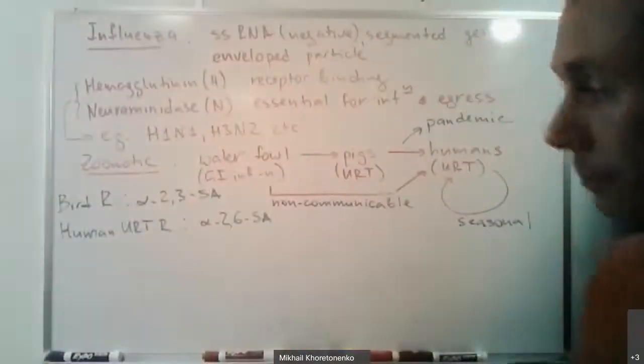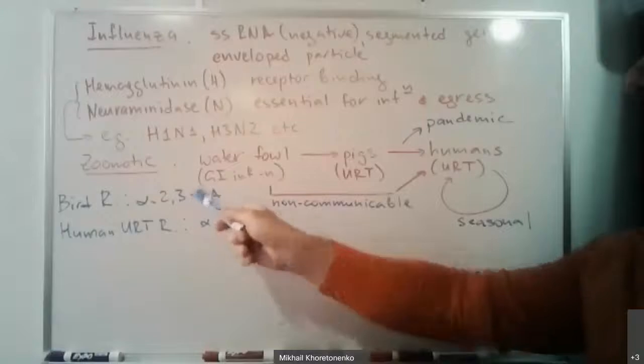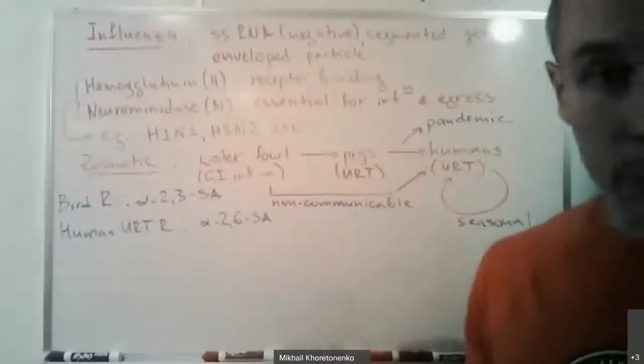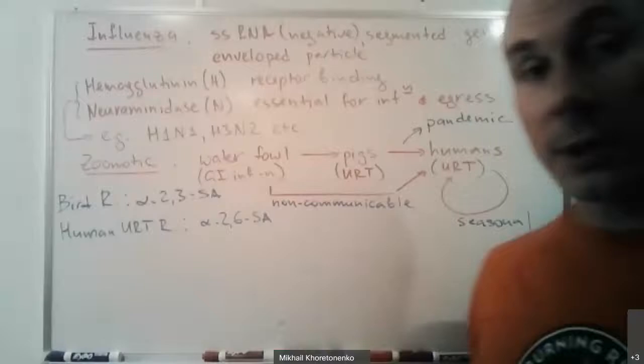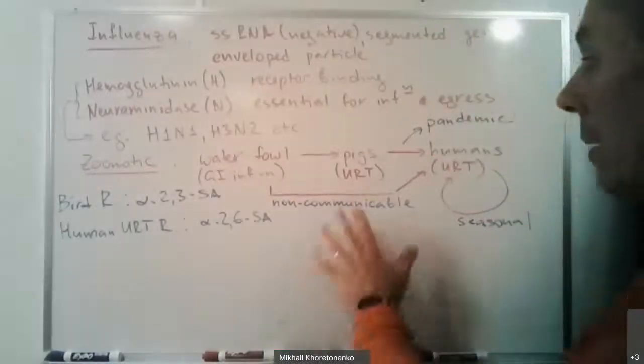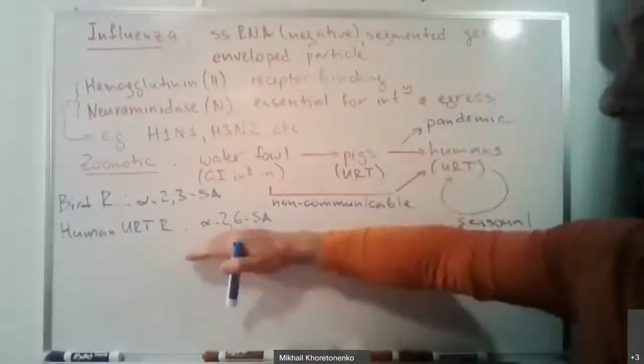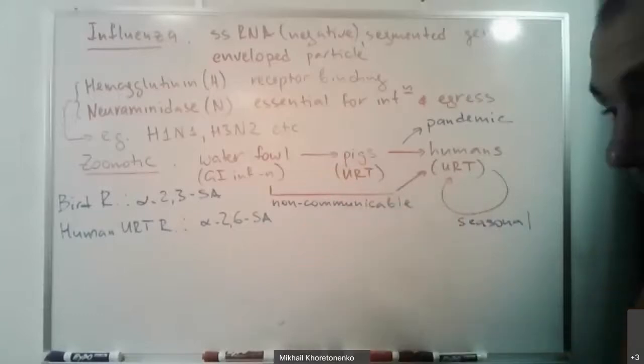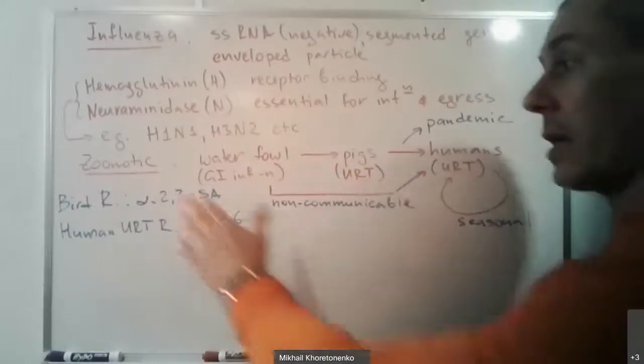Now look at this. This is the receptor for the bird flu. This is the receptor for the human flu. Receptors are different. Therefore, bird flu cannot infect humans. Pigs have both receptors, okay? That makes sense. Pigs have both.